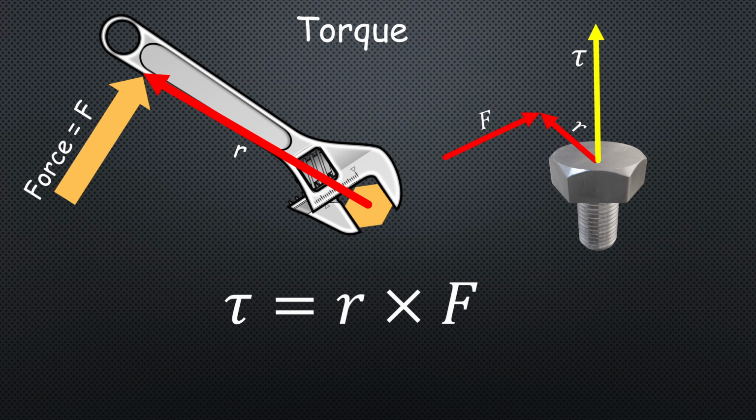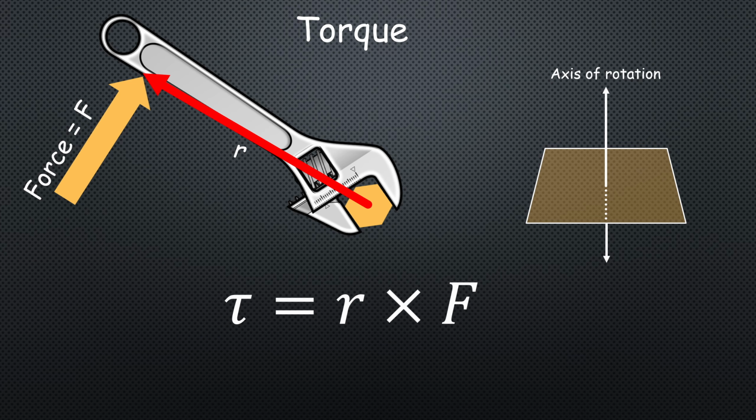This is why torque is sometimes referred to as a pseudo-vector. It represents an axis, not a linear push. The magnitude of the torque vector tells us how strongly the object is being pushed to start rotating or to change its rotation. Torque is usually represented by the Greek letter tau.